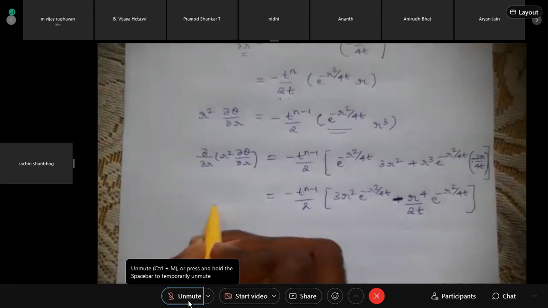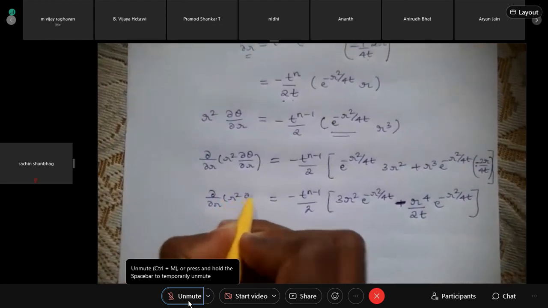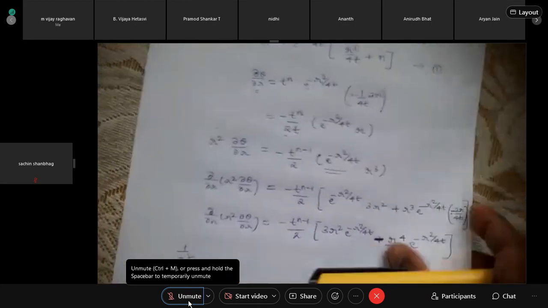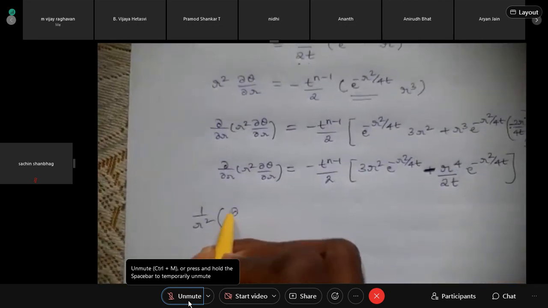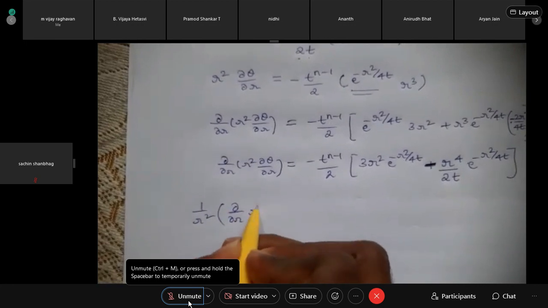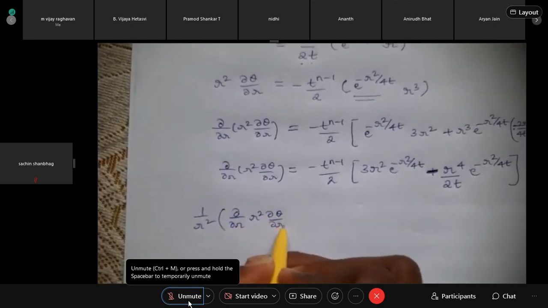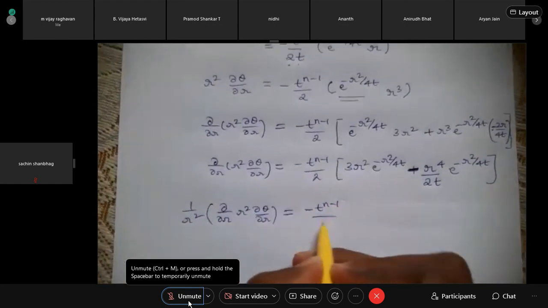Now, this is just dou by dou r of r square dou theta by dou r. The last part says that you are supposed to multiply this result by 1 over r square. I will just do that. 1 over r square will be multiplied for this, minus t to the power of n minus 1 divided by 2.